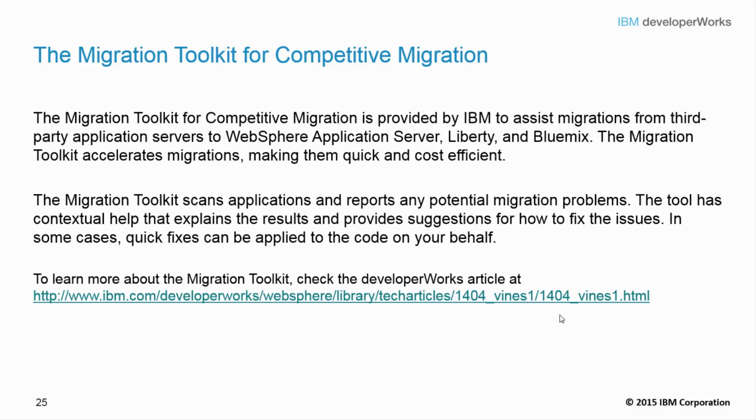Another type of software analysis can be done using the migration toolkit for the comparative migration toolkits, which we installed into the Eclipse in a previous section. So the migration toolkit for the comparative migration is provided by IBM to assist migrations from third-party application servers, in this case, a Tomcat server, to the WebSphere application server, Liberty, and Bluemix.